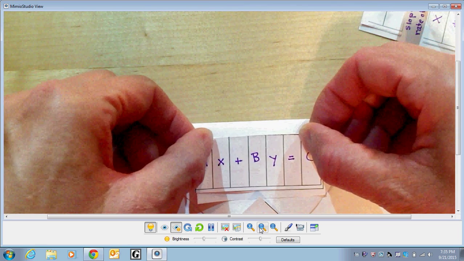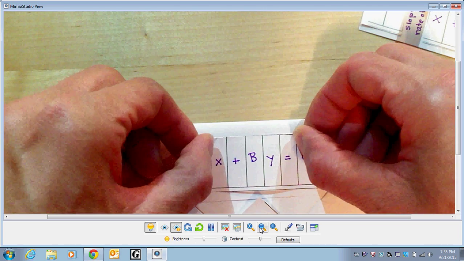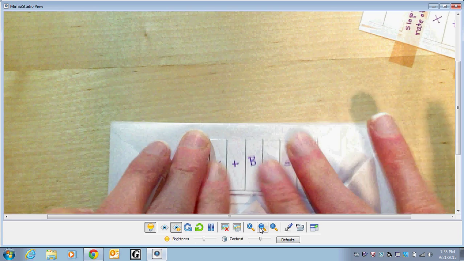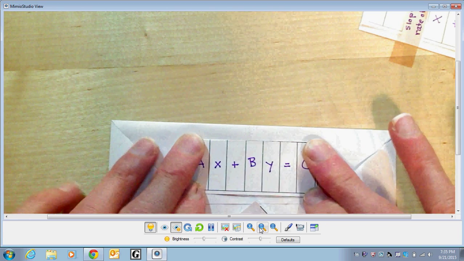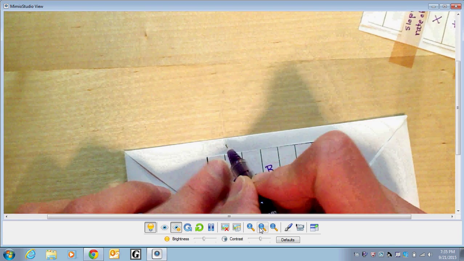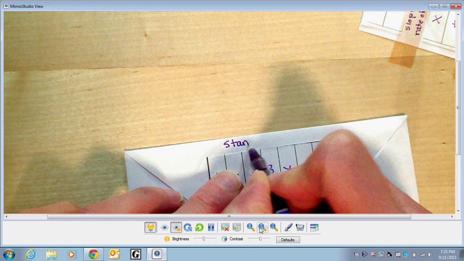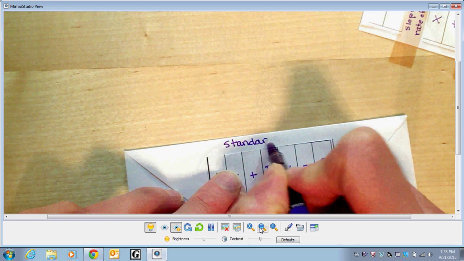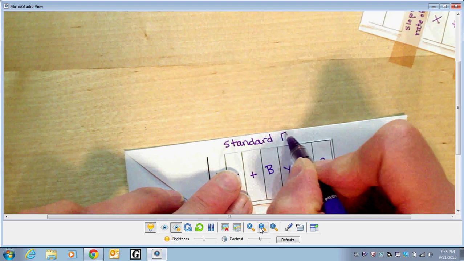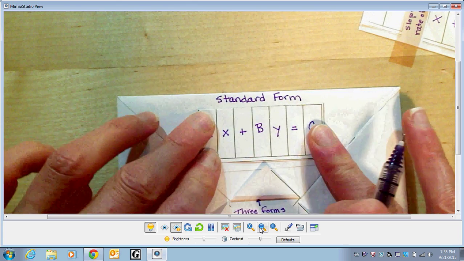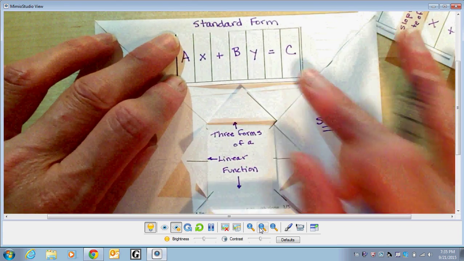So we're going to glue it here. Leave some room because we're going to write right on top of it standard form. Okay? So this is called standard form. Okay? So it should look like that.